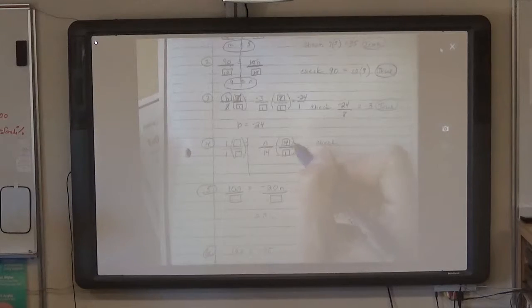Okay? Now you cross them out, because these are reciprocals. 1n over 14 and 14 over 1 are reciprocals. Then we have to multiply by the same thing on the other side.